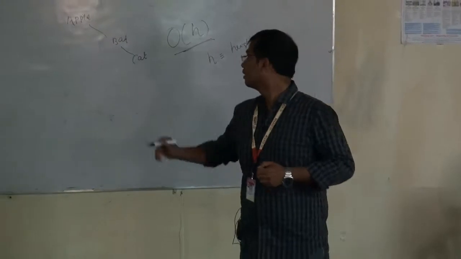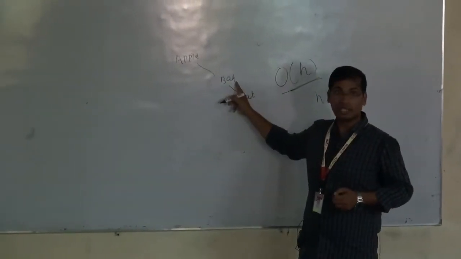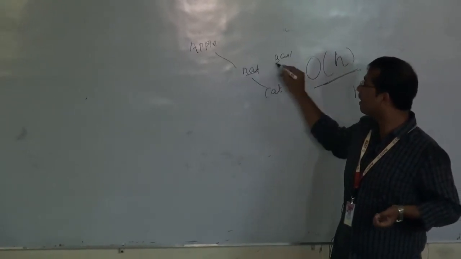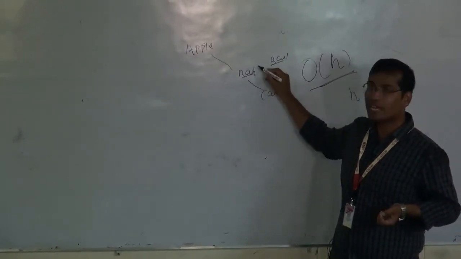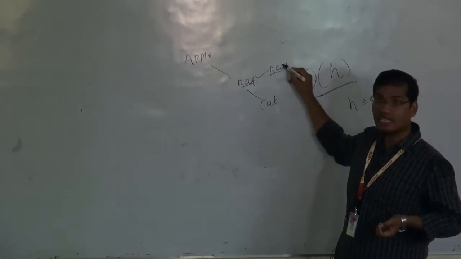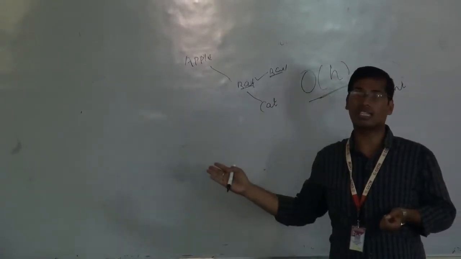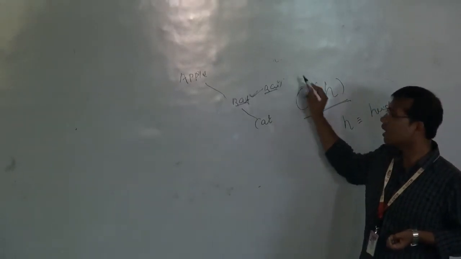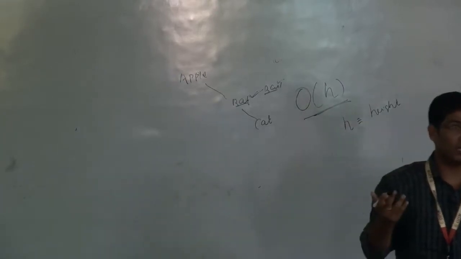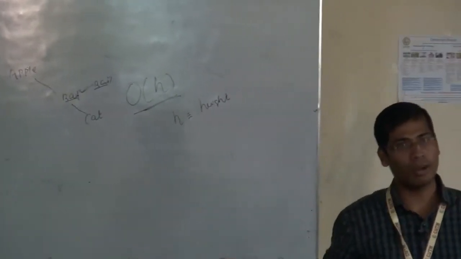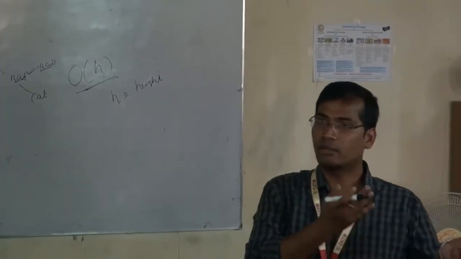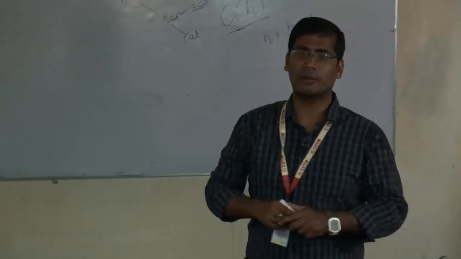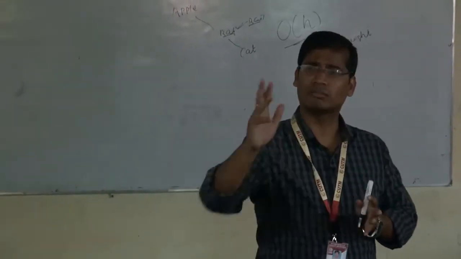Compare with bat, B-A-T. B is the same, A is the same, then you have to compare T and L in dictionary order. I think T is greater, so accordingly you have to keep it in the left or the right. That means any search application where elements are coming and going, entering and leaving.